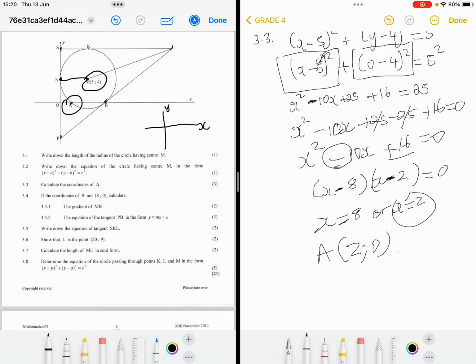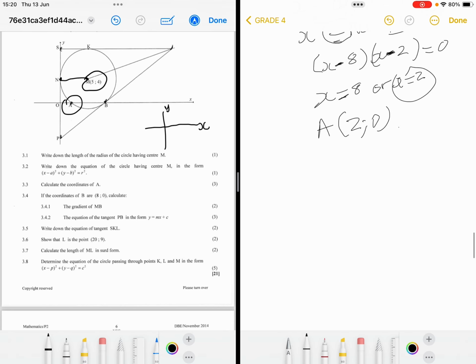So surely this really shows you that you are doing the correct thing. So now coming to 3.4.1, they're saying get the gradient of MB.